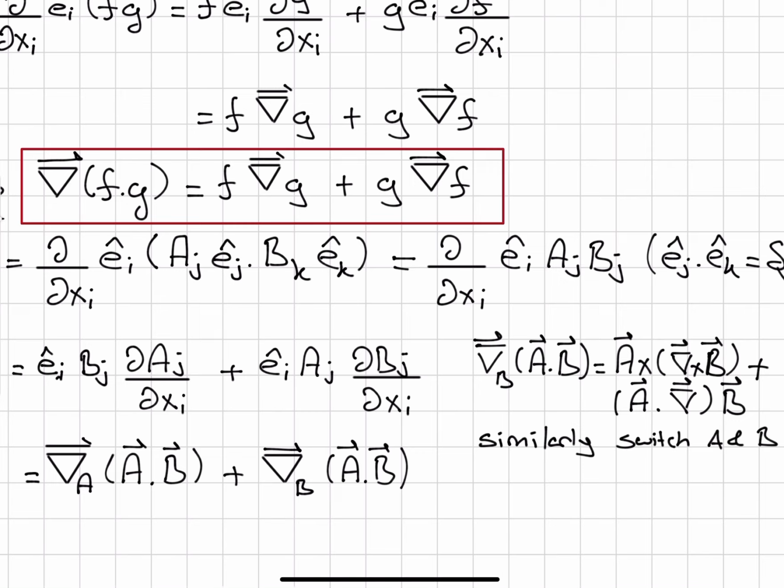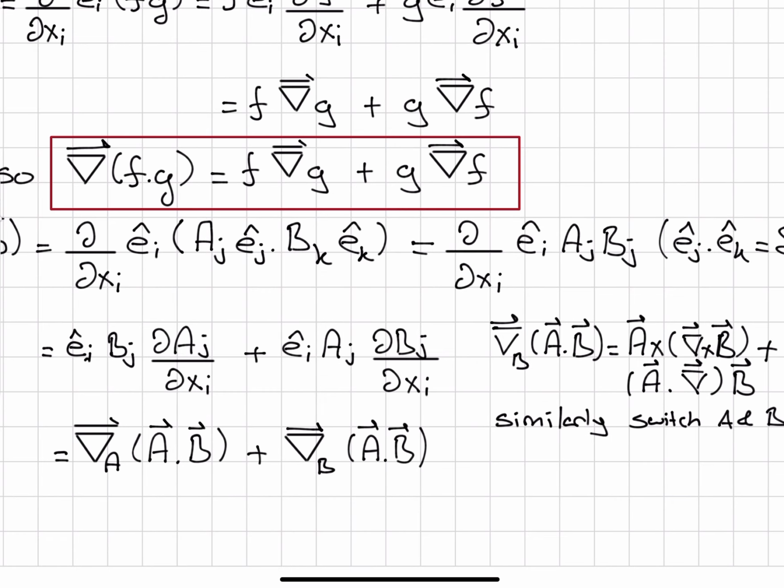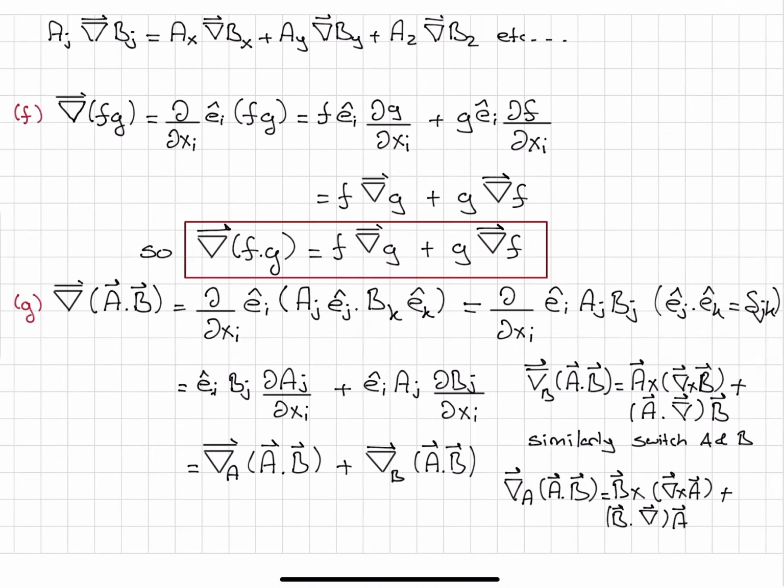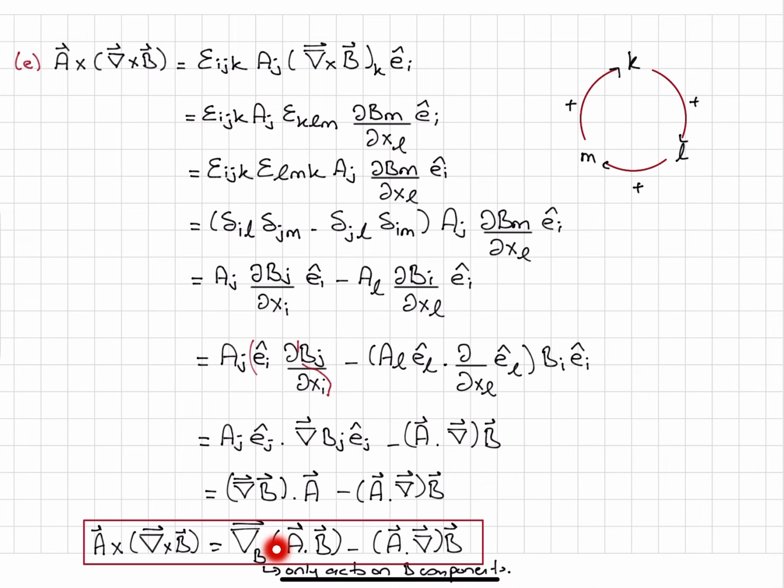We would find that the gradient of A dot B, with the gradient operator applied to A only, is B cross curl A plus B dot del operator applied to A. So this is what we have seen in part E. So that's what we have proven.